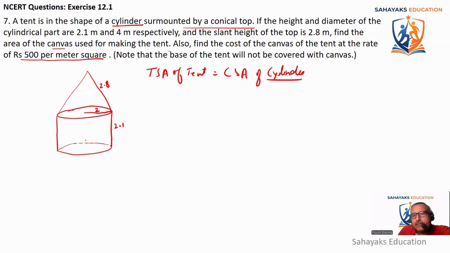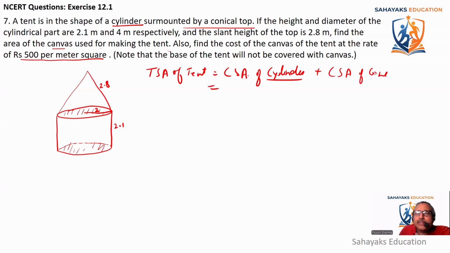At the base, we don't have a tent. They've already mentioned it. So base is not covered and this part is not covered. So it is the curved surface area of the cylinder plus the curved surface area of the cone.